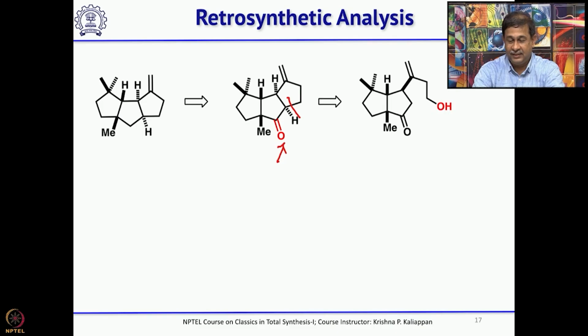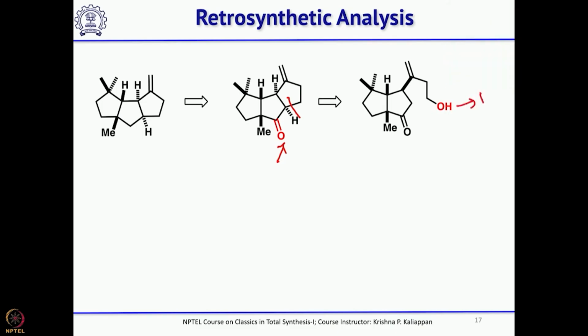So you can see, if you make this a good leaving group, then you can generate the anion and you can form the third 5-membered ring, isn't it? So that was the idea. For introducing the carbonyl group, you can introduce a double bond here. The reason for introducing the double bond is that this 4 carbon unit can be added stereoselectively using a 1,4 addition reaction.